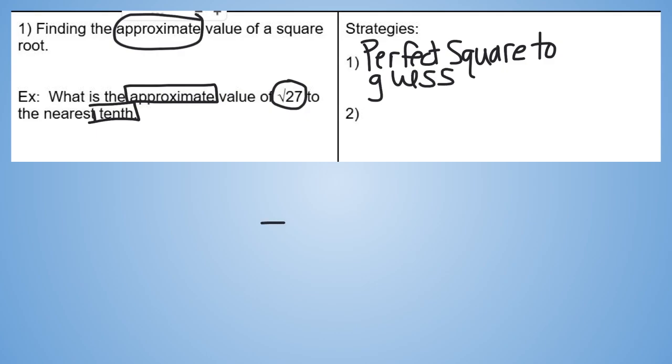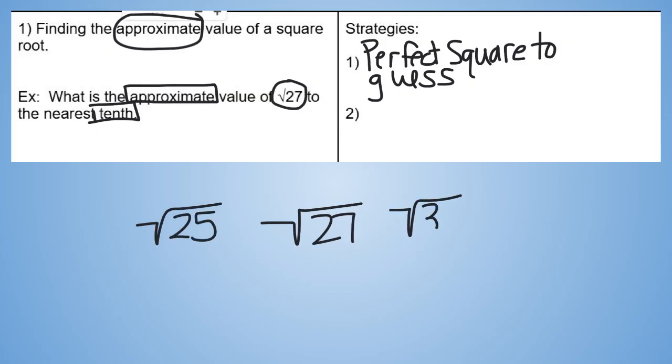So the square root of 27, that's not in our perfect square list. It is right between 25, which is a perfect square, and 36, which is a perfect square. So I'm going to say to myself, what times itself is 25? And that's 5. What times itself is 36?